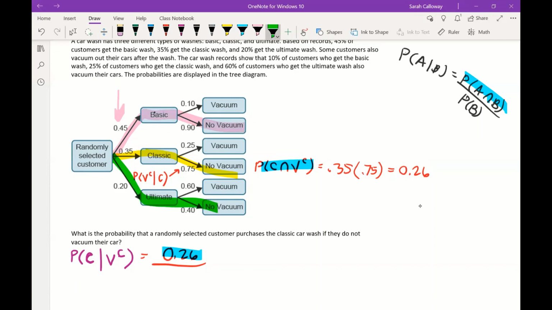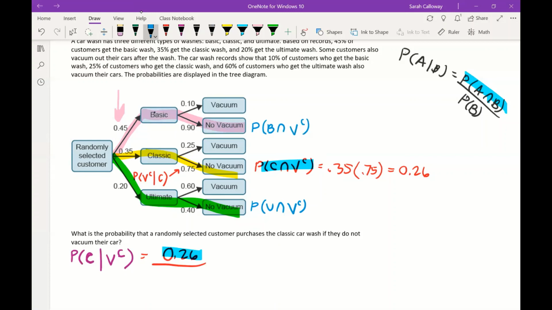So for each car wash, if we find the and probability of not vacuuming and add those all together, that's the probability of B. So that means that the probability that they chose a basic car wash and chose not to vacuum, and the probability that they chose the ultimate car wash and chose not to vacuum, plus the probability that we already found, is going to give us the probability that they chose not to vacuum.